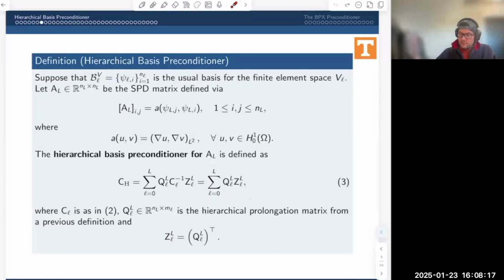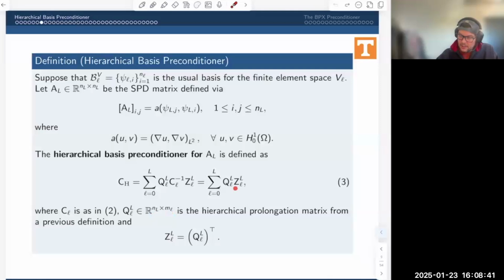Q_L is, again, our prolongation matrix going from our space W_L up to our space V capital L. And so it's a tall and thin matrix. Okay, so it has a lot of rows and only a few columns.